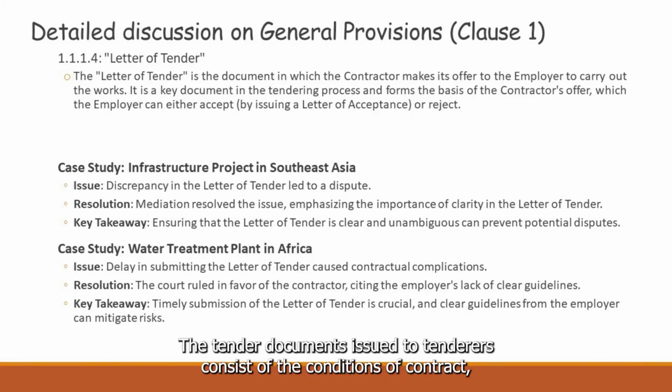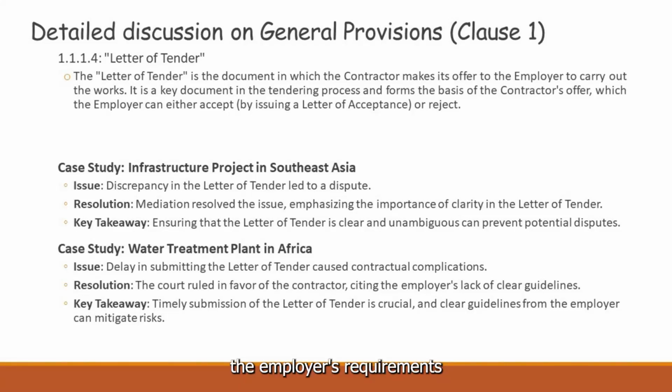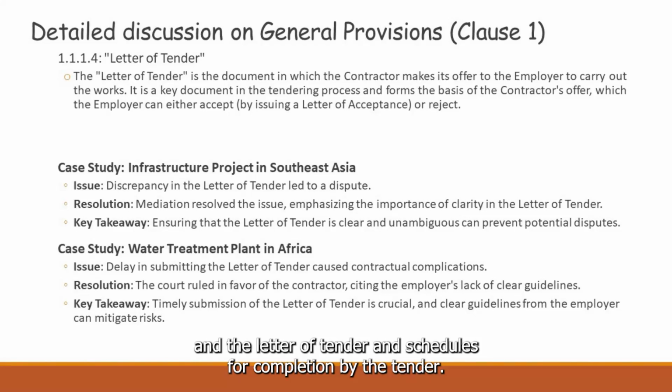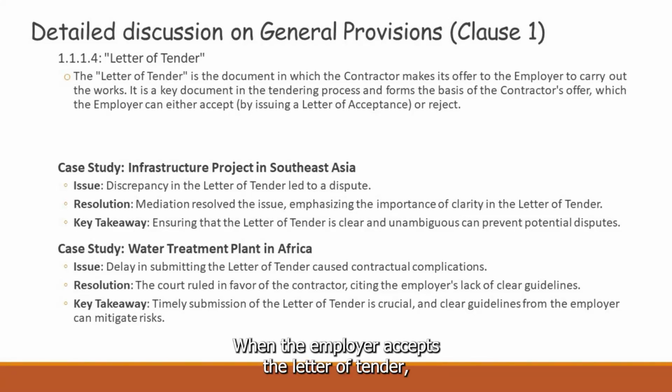The tender documents issued to tenderers consist of the conditions of contract, the employer's requirements, and the letter of tender and schedules for completion by the tenderer. When the employer accepts the letter of tender, the contract comes into full force and effect, including the accepted proposal and completed schedules.